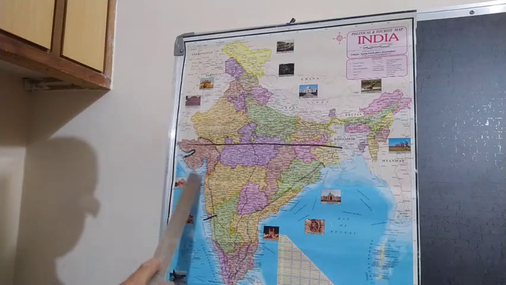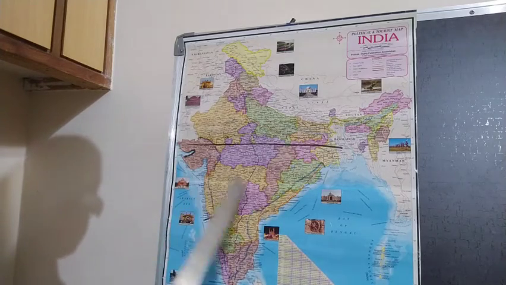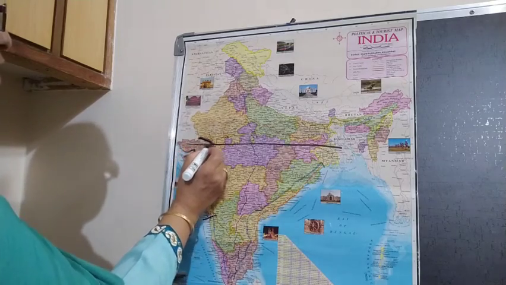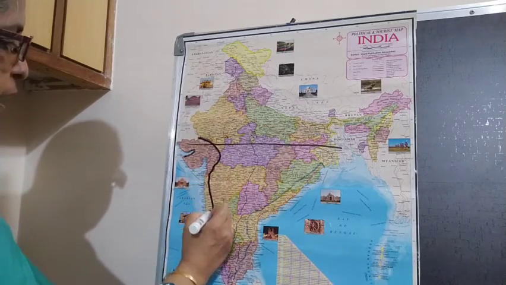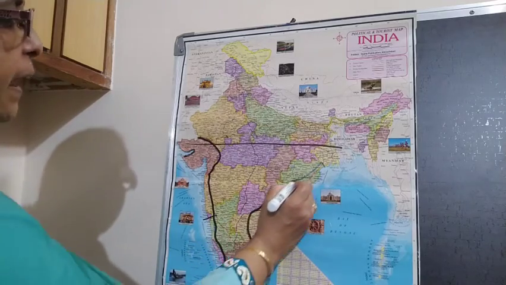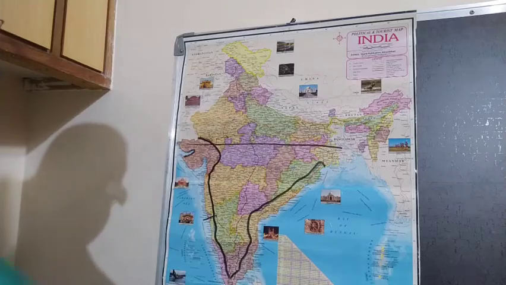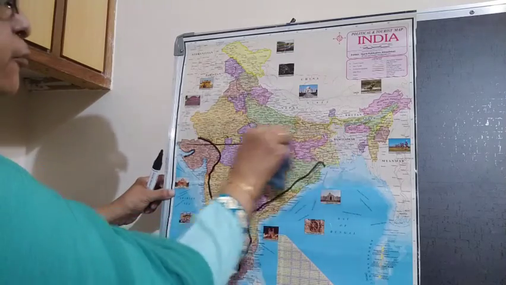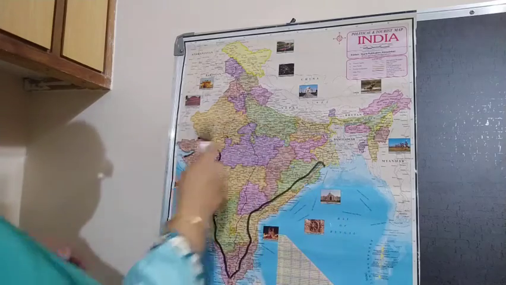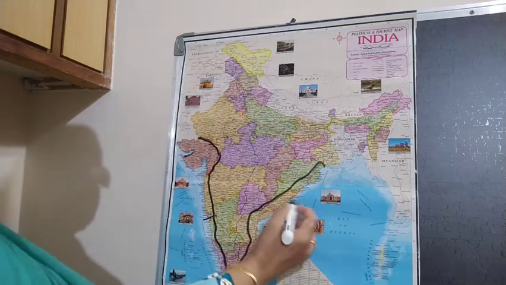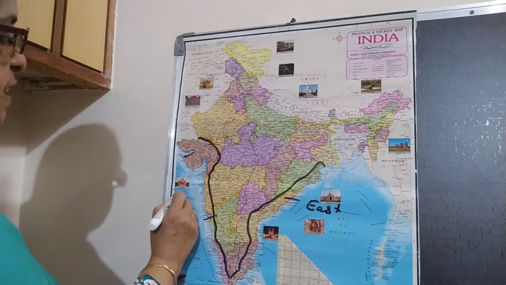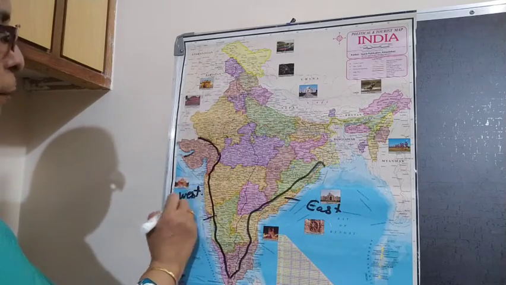Now, this is our western coastal plain. You can see the line here, very nicely. If you see this line with the black color which I am drawing, I'll rub this line from here, otherwise you will get confused. Now, see, this is the eastern coastal plain and this is the western coastal plain.